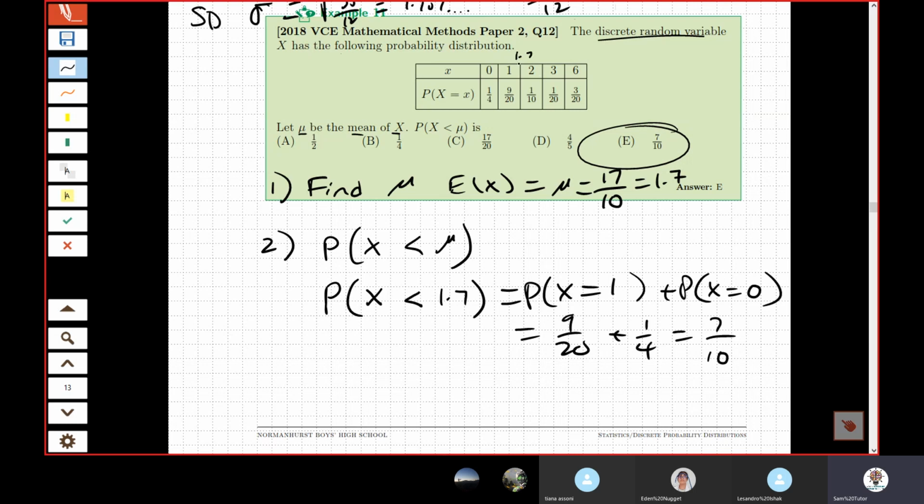So 1.7 is somewhere here. It's going to be less than that. Well, that means it's going to be at 1 and at 0. Well, that's the probability of it being 0 or 1. Do you agree with that? Yep. Now, if obviously you said greater than, it would have been 2, 3, and 6.